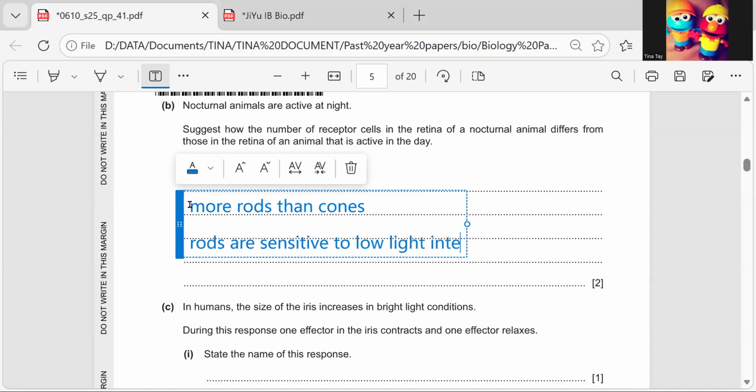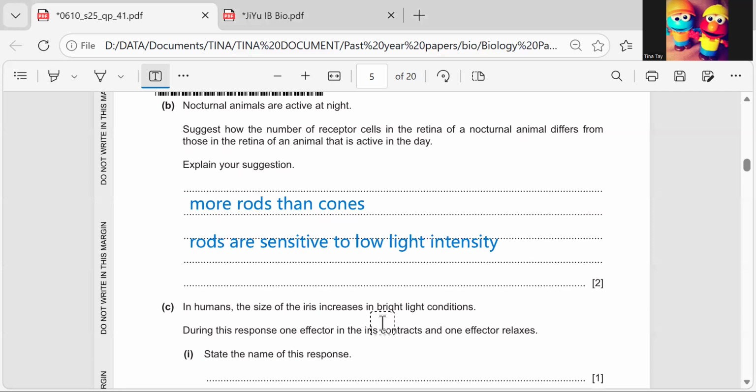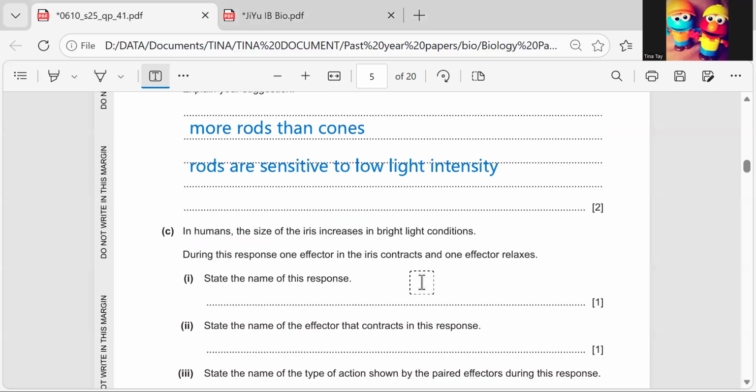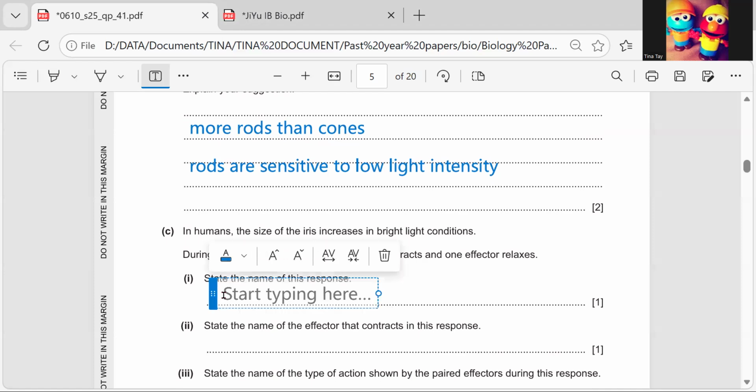In humans, the size of the iris increases in bright light conditions. During this response, one effector in the iris contracts and one effector relaxes. Yes, pupil reflex. State the name of the effector that contracts in this response.